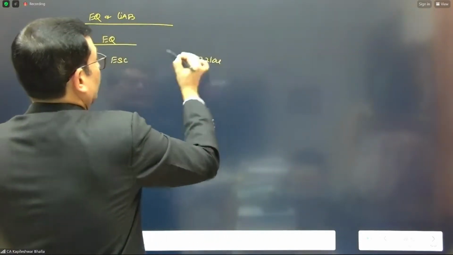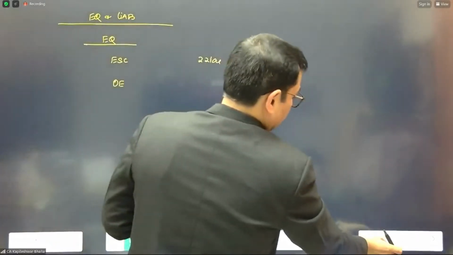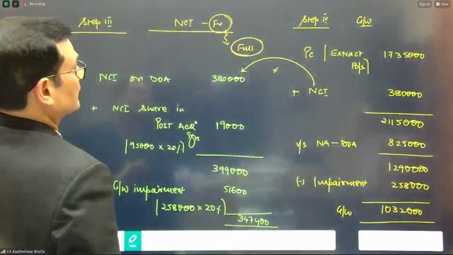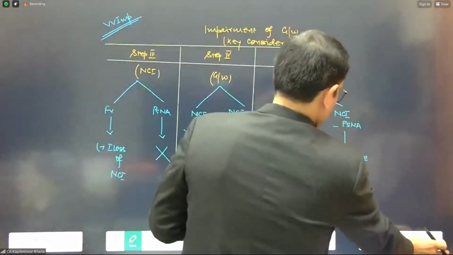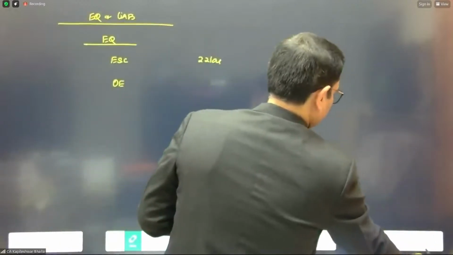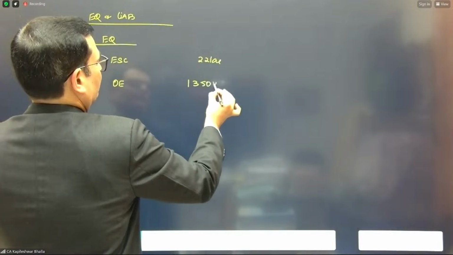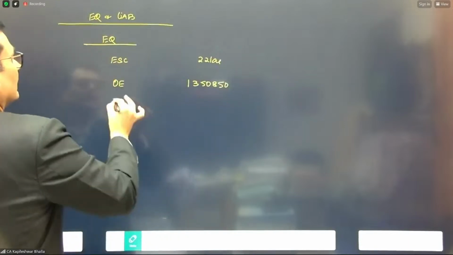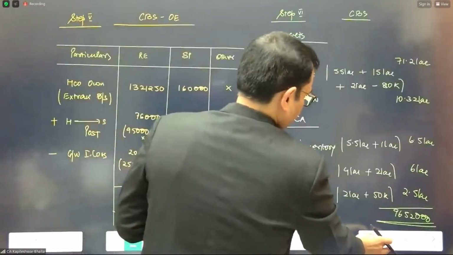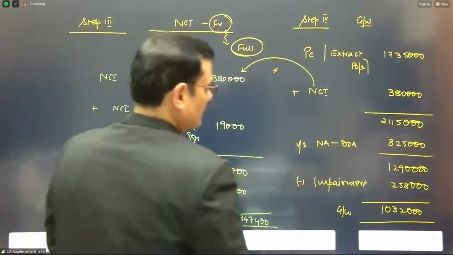So this was 22 lakhs. Then other equity, what you picked up from the earlier steps, is in step 5. That is 1350,850. This is the other equity. Lest we forget, let's consider the NCI as well. And the NCI is 347,400.